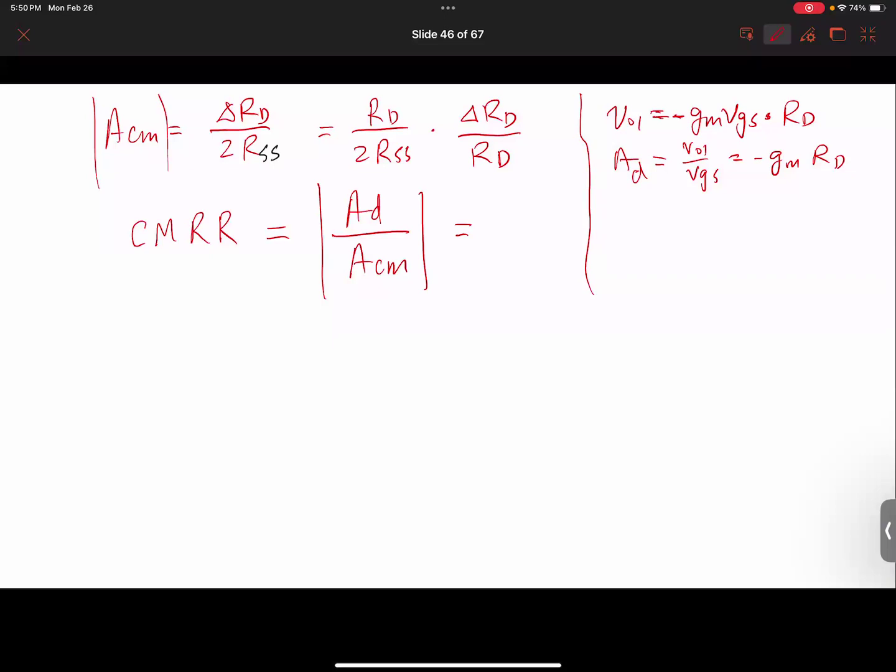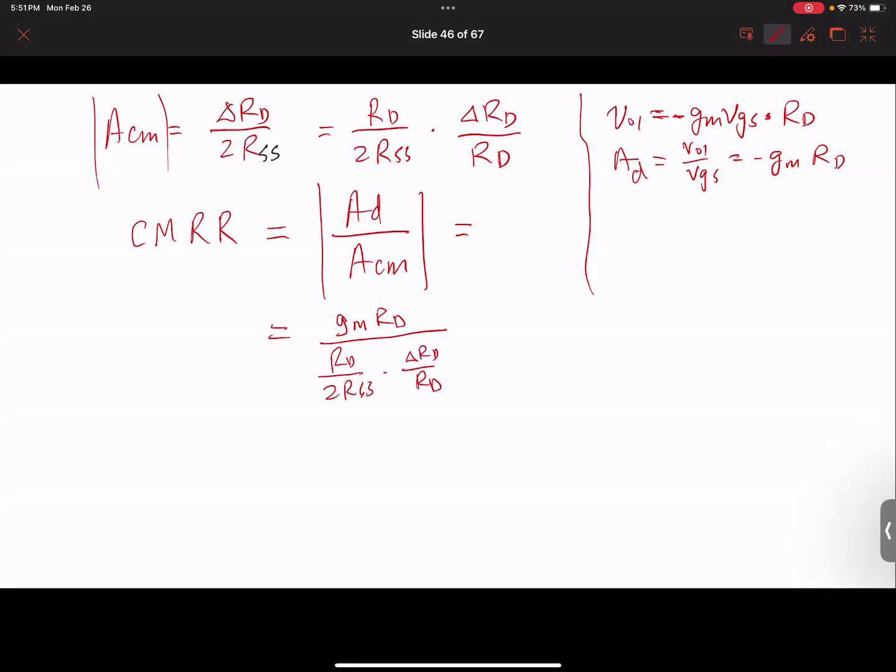So now we're going to plug this AD into the common mode rejection ratio, and then we get AD is going to be GM times RD over the ACM, which is ΔRD over 2 times RSS times ΔRD over RD.